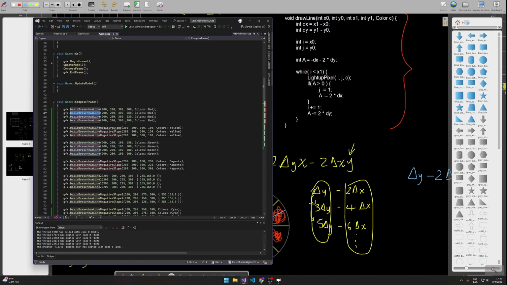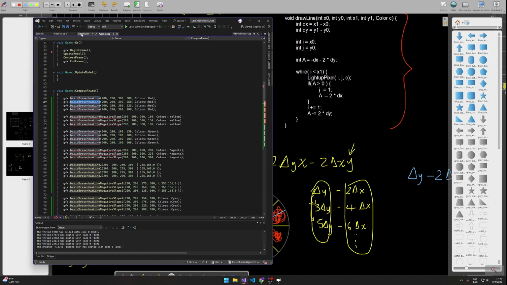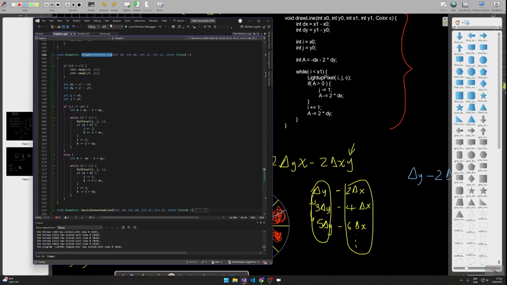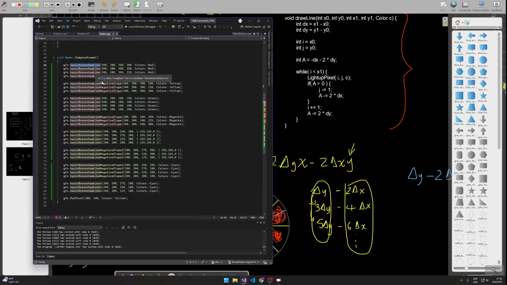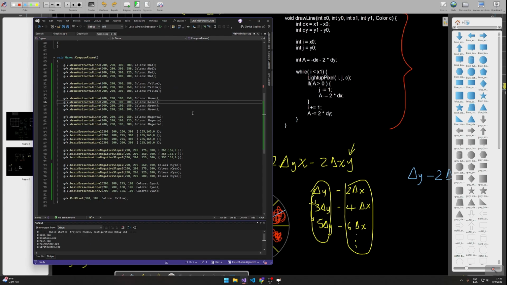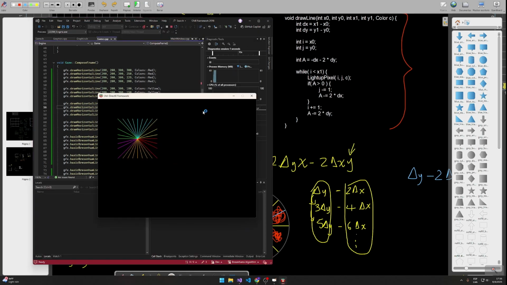And now wherever I had this implementation, I'm just going to replace it. Okay, so now we should have the same behavior if we check our square.